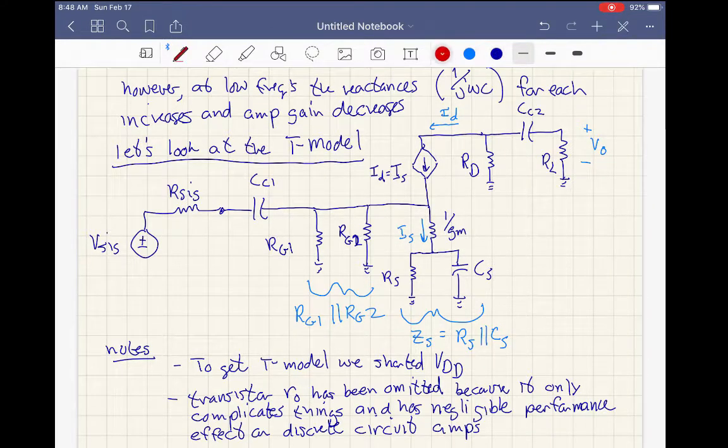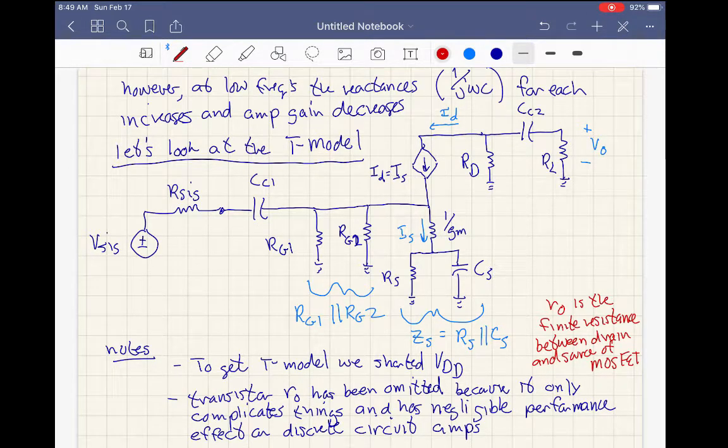And again, I'll write it in red here. Little ro is the finite resistance between drain and source of a MOSFET. Again, you want to refer back to chapter 7 for that.